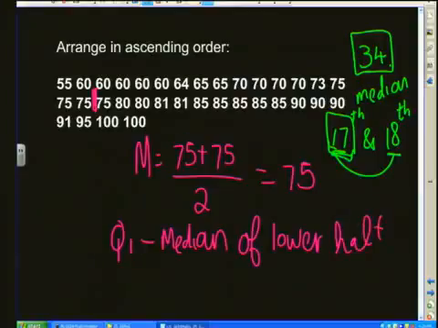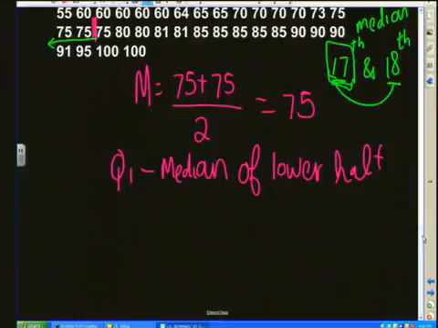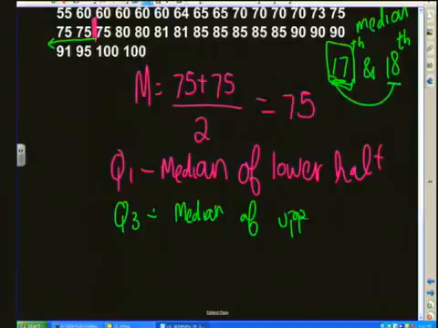All right, so that means we're looking to the left of this, and we're finding the median of all of those values. Then in order to find Q3, you work out the median of the upper half of values.